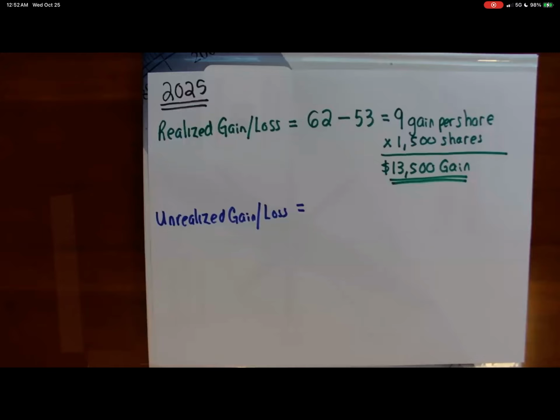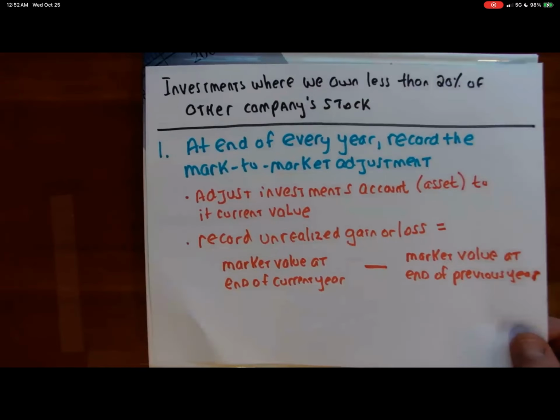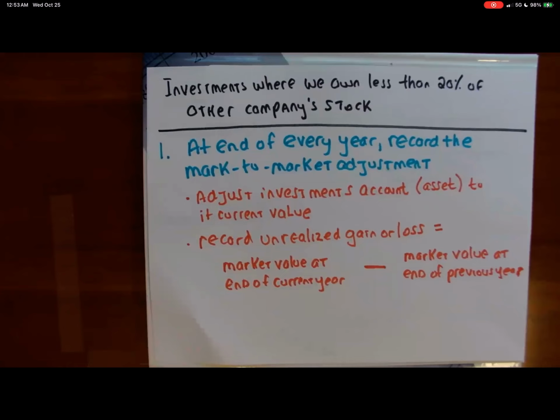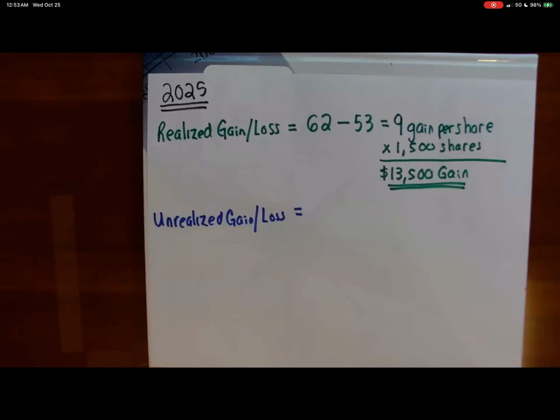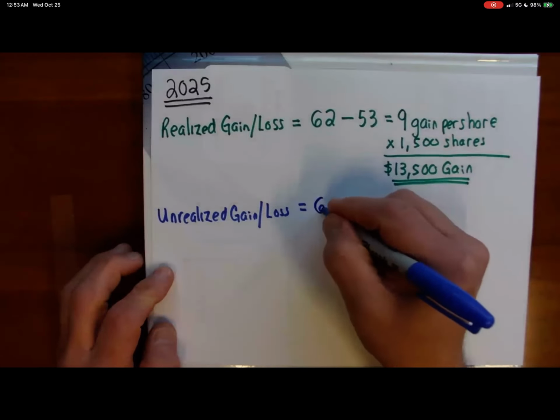And then we'll have to multiply that by the difference between 68 and 53, which is $15, to get the change. That sounds real good. He says to do the unrealized gain or loss calculation: market value at the end of the current year, at the end of 2025, the shares were worth $68 a share.